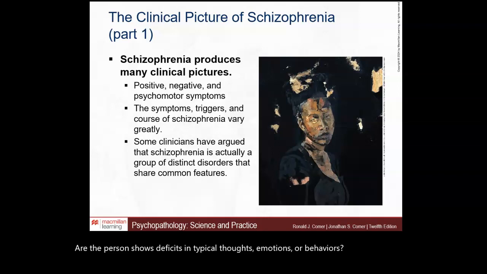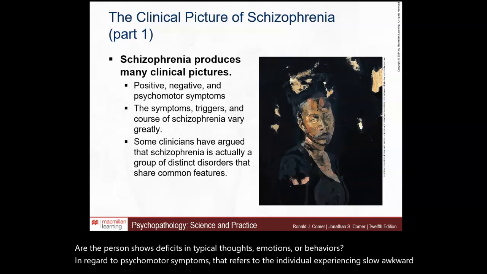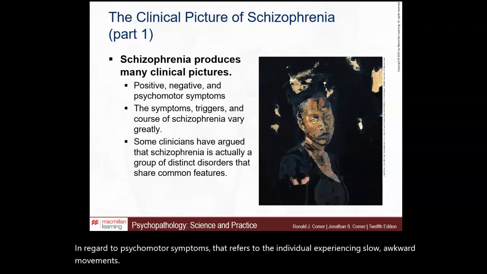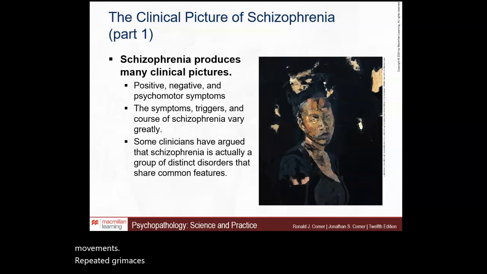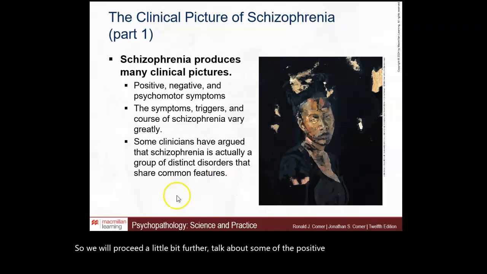In regard to psychomotor symptoms, that refers to the individual experiencing slow, awkward movements, repeated grimaces, and odd gestures. So we will proceed a little bit further, talk about some of the positive symptoms coming right up.